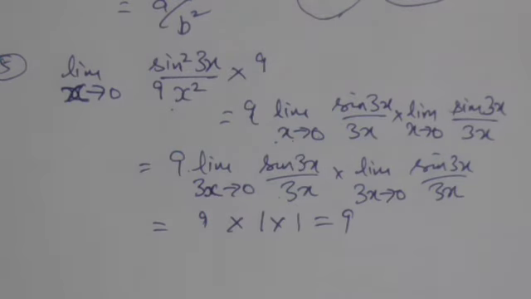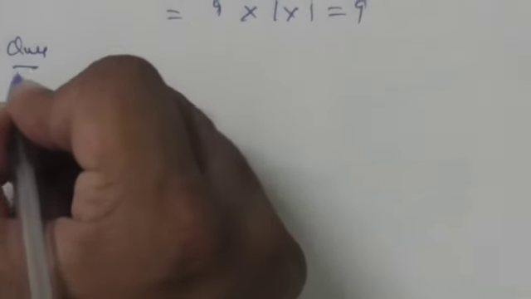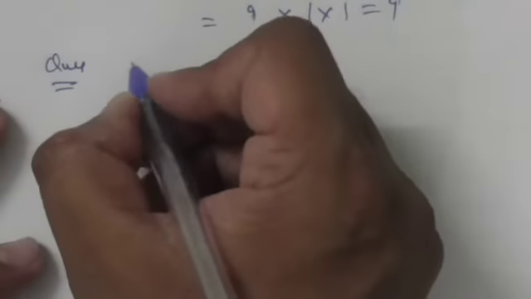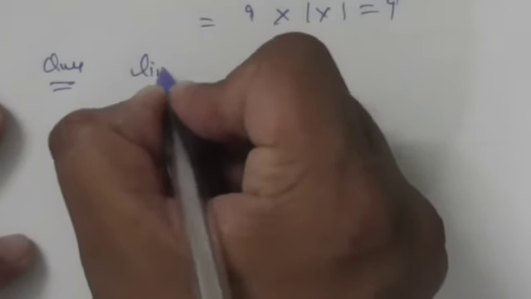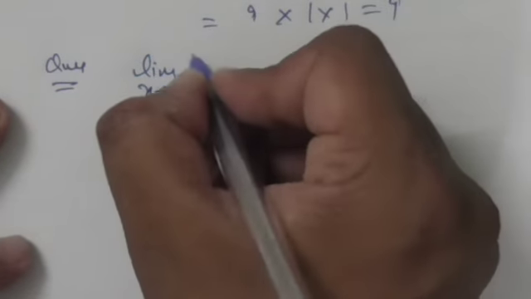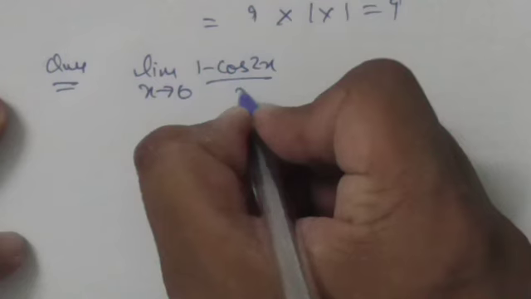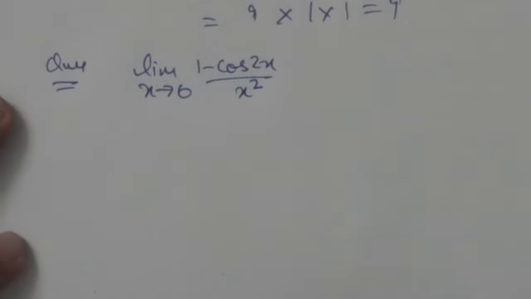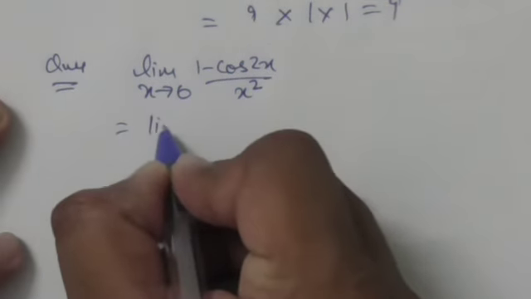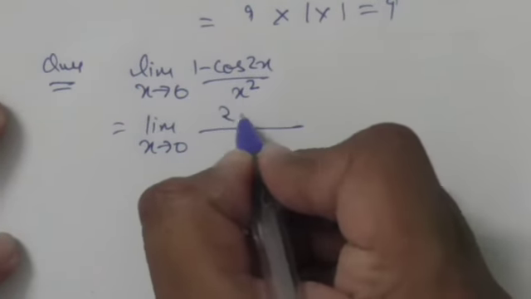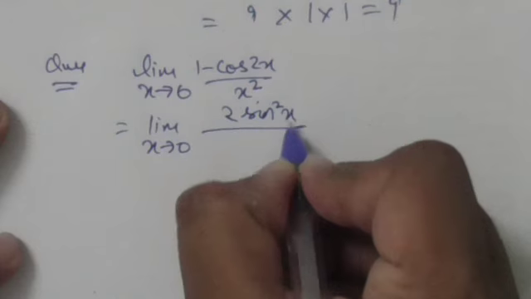Now let us solve another question. Now we have to evaluate limit x tends to 0 1 minus cos 2x upon x square. Now see, 1 minus cos 2x is twice sin square x.